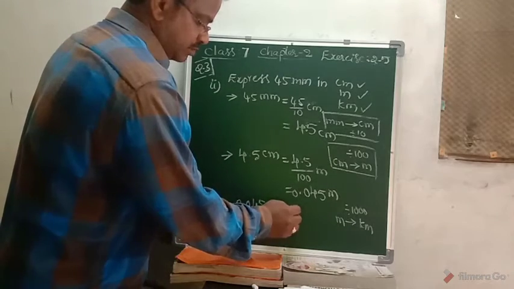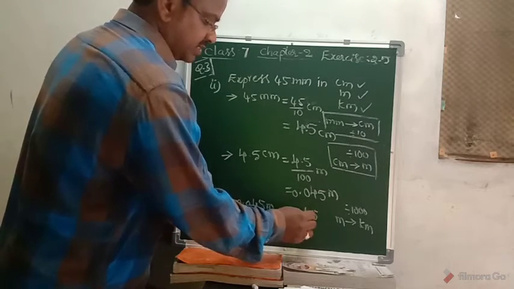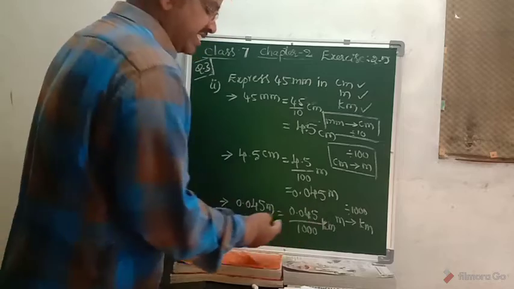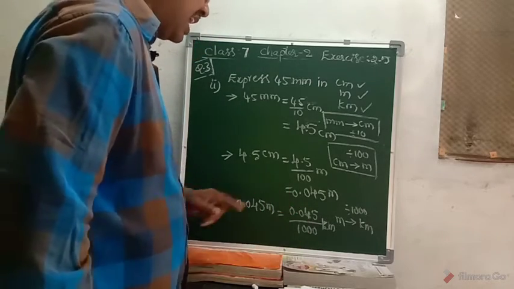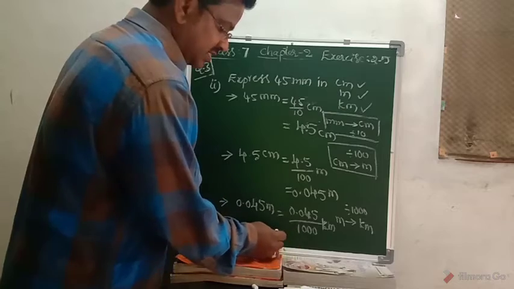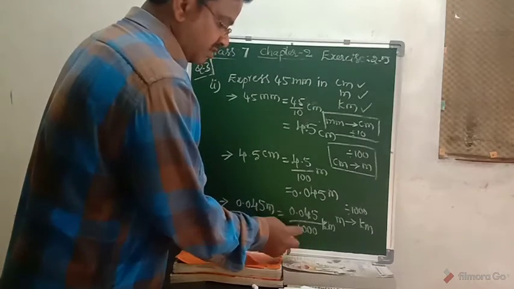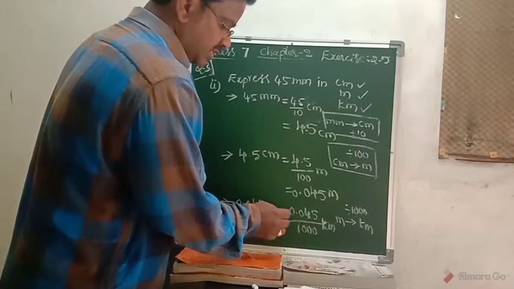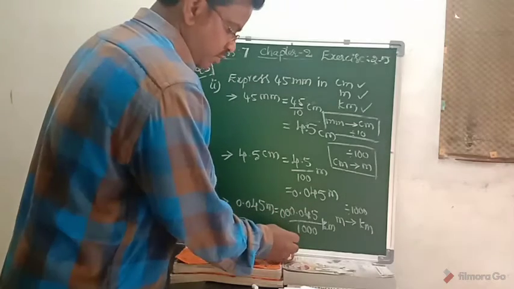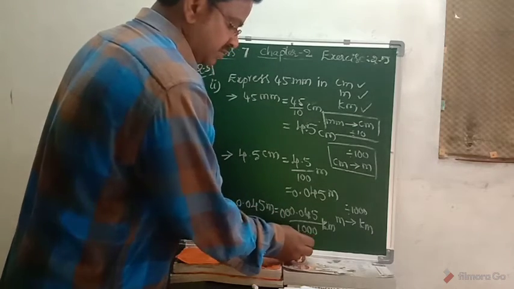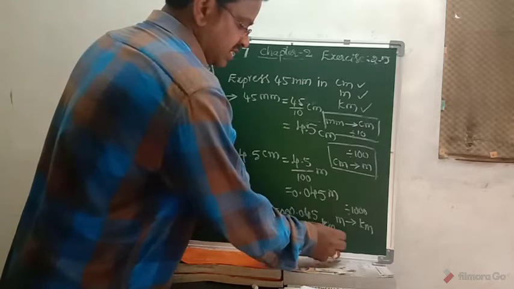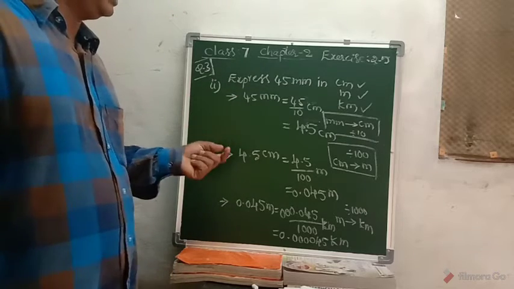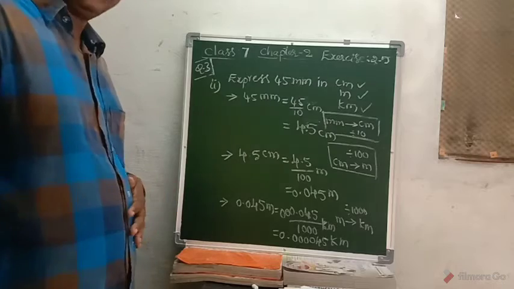So 0.045 divided by 1000 gives kilometers. The decimal point has to move 3 places to the left, so it becomes 0.00045 kilometers. This is all about converting 45 millimeters into centimeters, meters and kilometers.